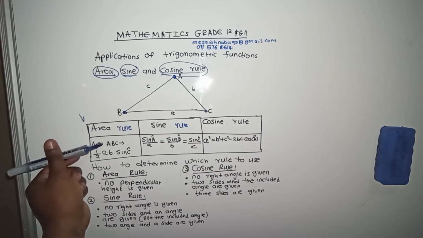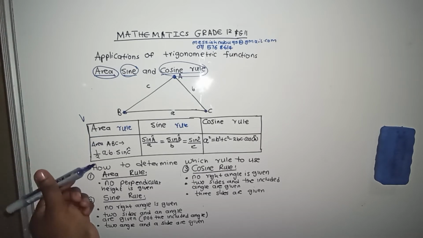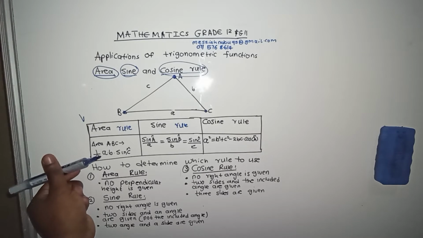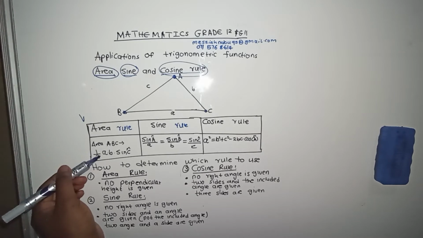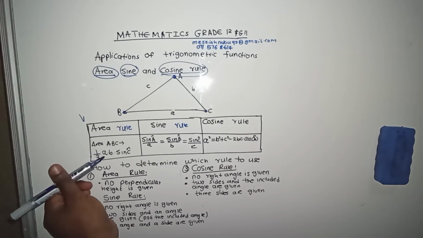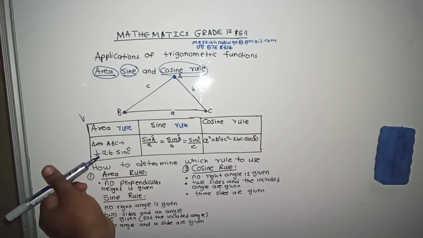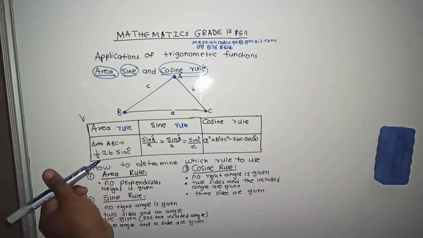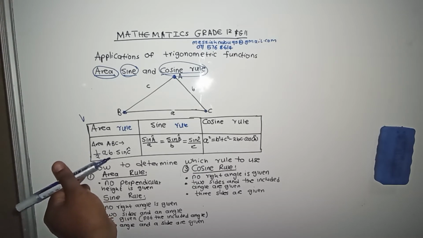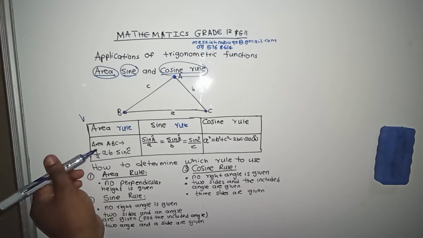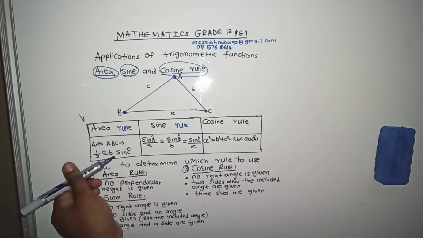It also depends on the sides that you are given. For the area rule, you multiply half by the two given sides on that particular triangle. So it's going to be 1/2 times a times b.